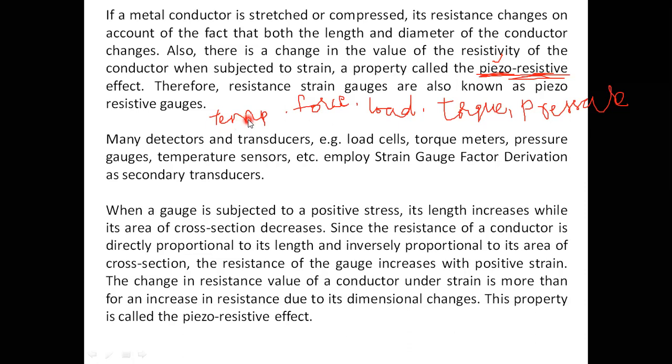Thermometers can be used to measure temperature in the range of 0 to 100 degrees or 200 degrees centigrade. And RTDs are also temperature sensors which are used to measure temperature up to a range of 700 degrees centigrade.